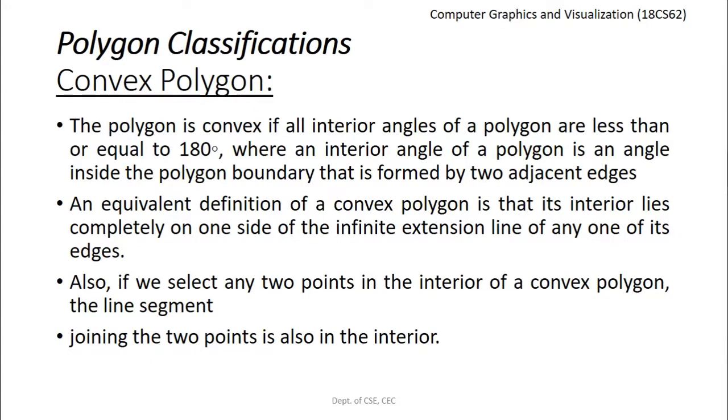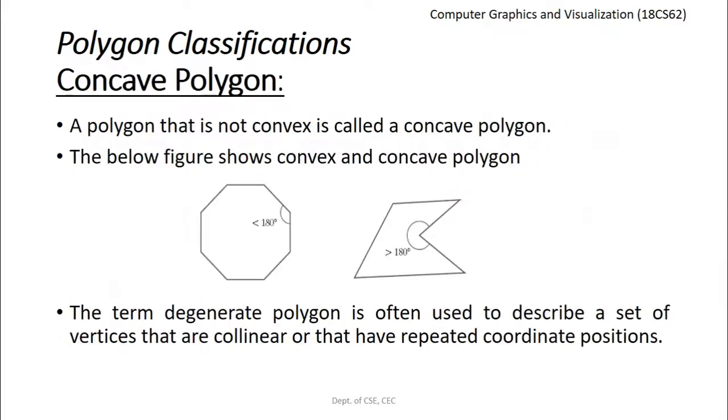The polygon is convex if all the interior angles of a polygon are less than or equal to 180 degrees, where an interior angle of a polygon is an angle inside the polygon boundary that is formed between two adjacent edges. So this is an example of a convex polygon.